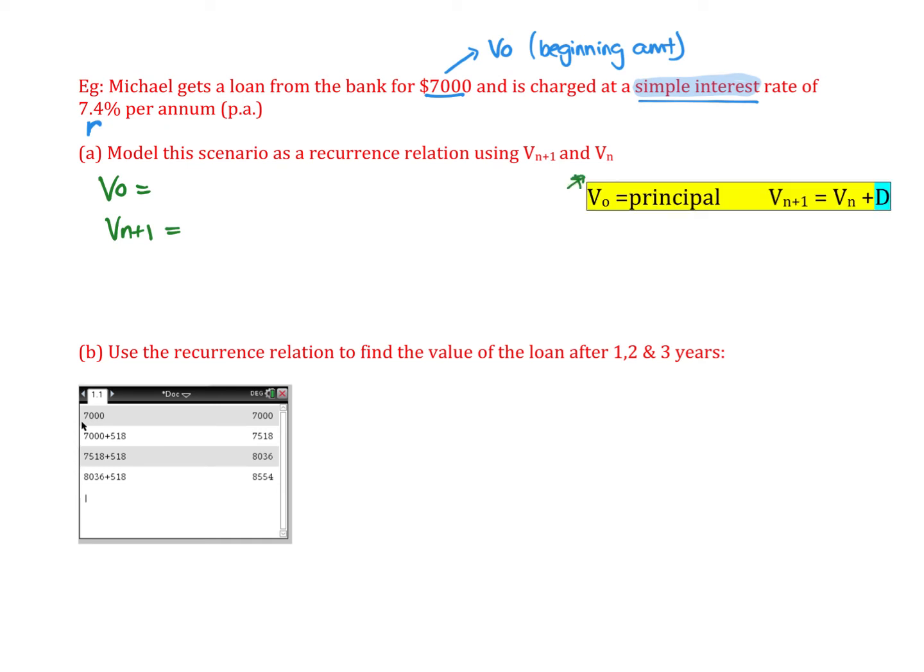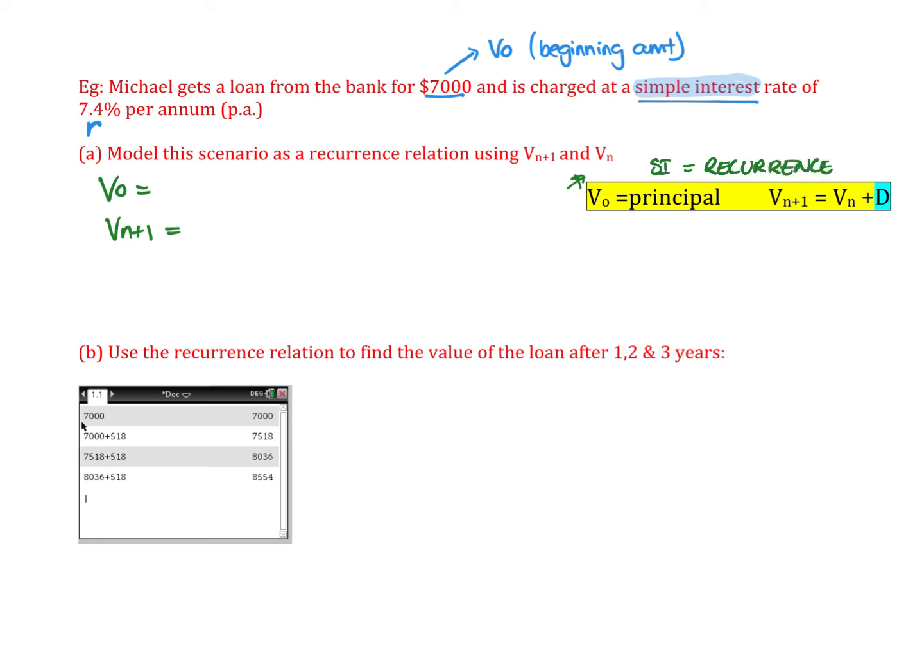I'm just going to grab it. Boys, on the previous page, this was what they said to do for simple interest if we have to write a recurrence relation. We know it's simple interest, and this is what we have to do for the recurrence relation.